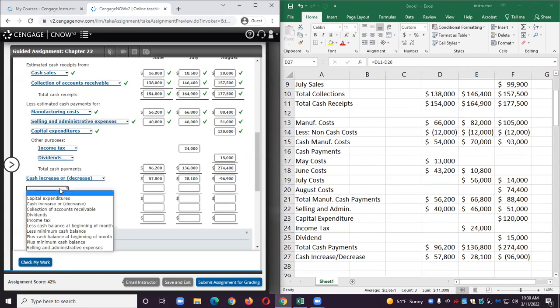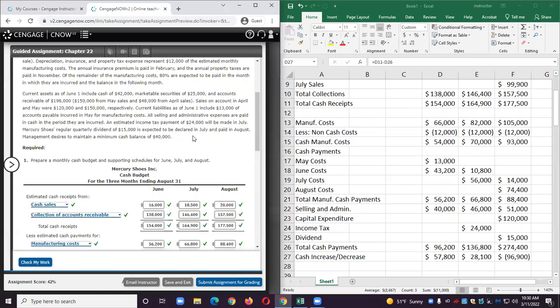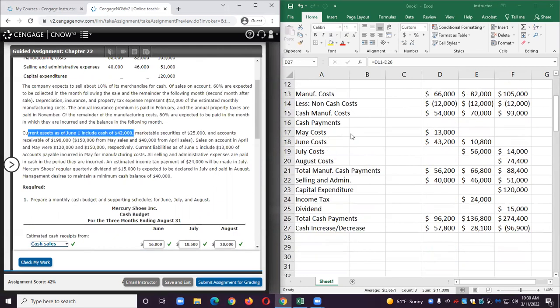And then here we're going to add the cash balance at the beginning of the month. Here's our problem though at this point, is we don't know. We know our cash balance at the beginning of this whole period, which is 42,000. Current assets as of June 1st include 42,000. Okay, so at this point, we're going to have to start working through the end of the month. I'll show you what I mean. Cash balance.